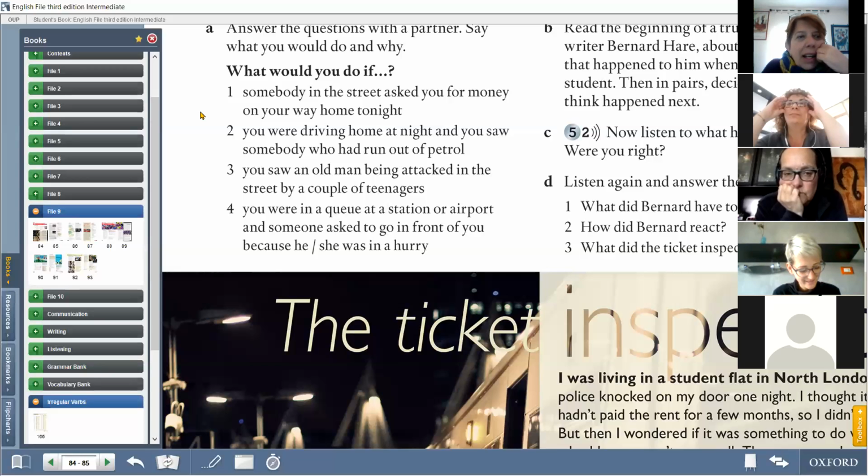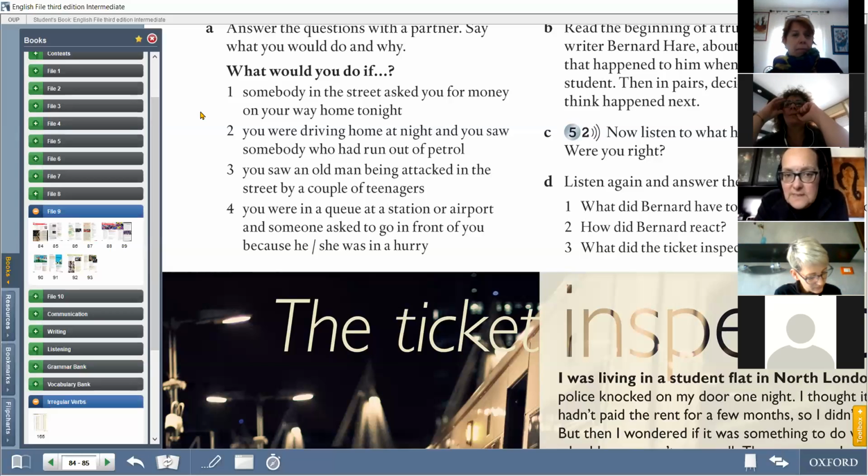And Elisabetta, what would you do if you were driving home at night and you saw somebody who had run out of petrol? I don't understand. Run out of petrol, what is? Finishing the oil, okay. For the car.